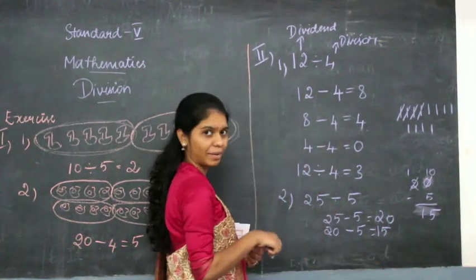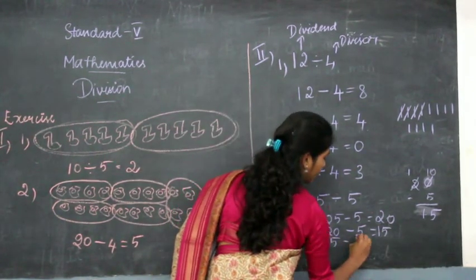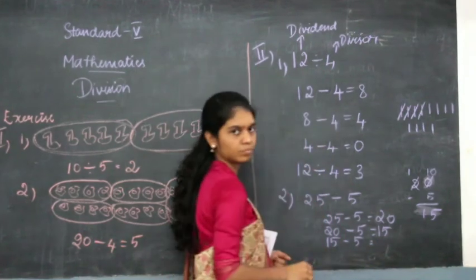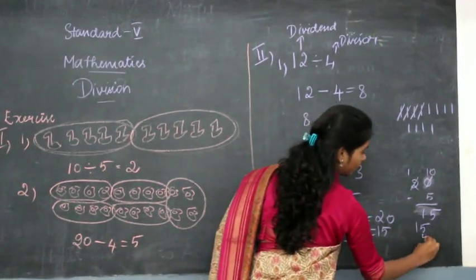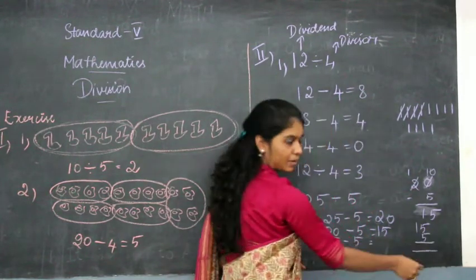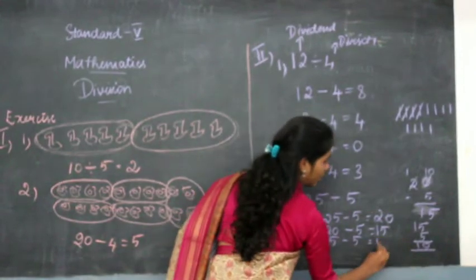Now again you have to subtract 5 from this 15. 15 minus 5: 5 minus 5 is 0 and 1 remains. So 10 is the answer.